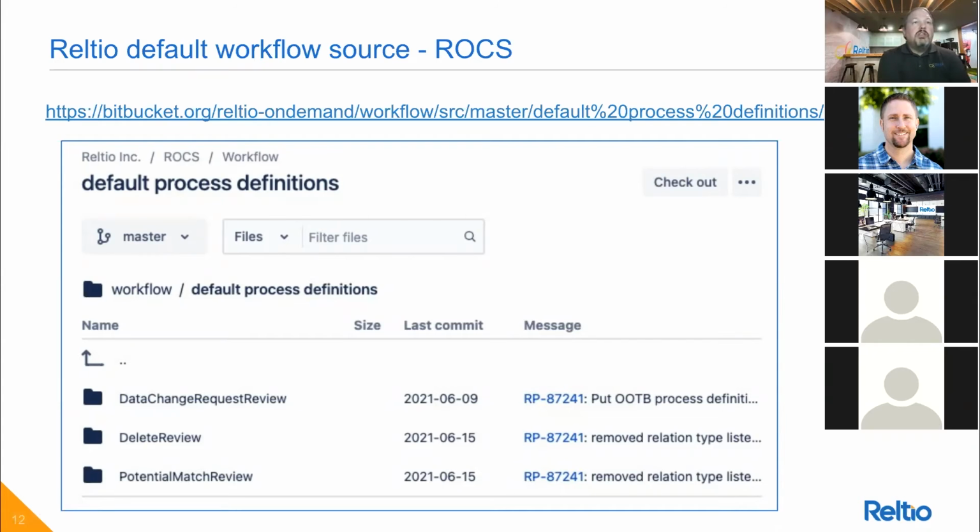If you want to take them and make changes to them, we give you the ability to extract those workflows, alter them, use your own versioning and source system to track your own customizations and changes, and then submit them into the Reltio platform as part of your standard dev, test, production rollout cycle.